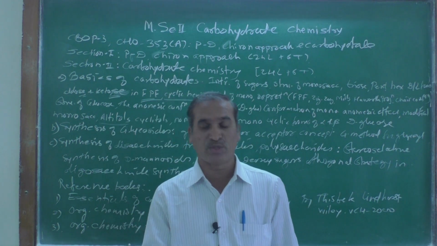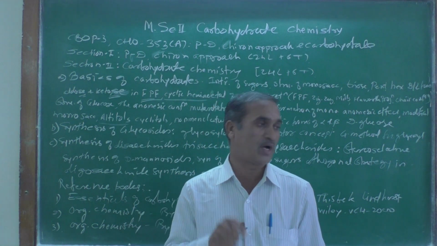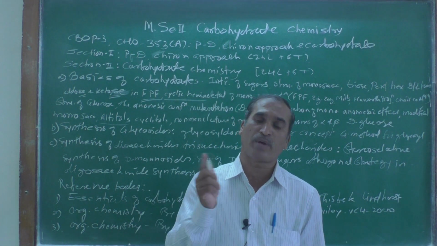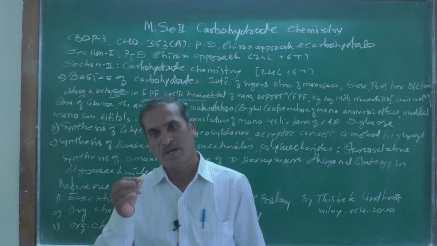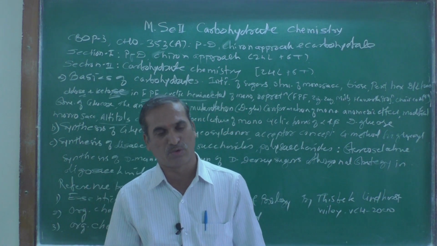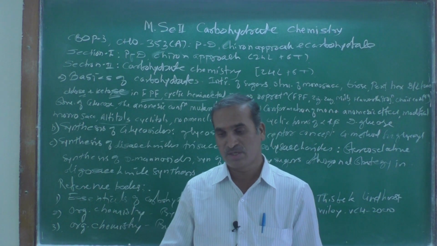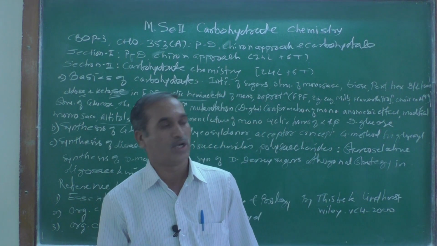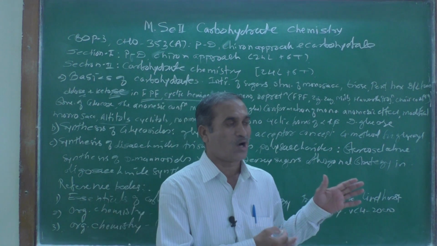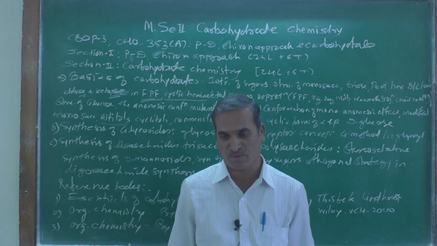And when the 5-hydroxy group, the hydroxy group attached to the 5th carbon atom, reacts with the carbonyl group, there is formation of a 6-membered ring, which is in the form of the chair conformation, or according to the Haworth projection formula.